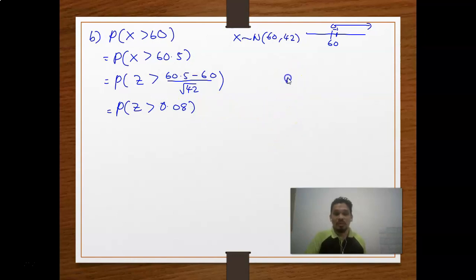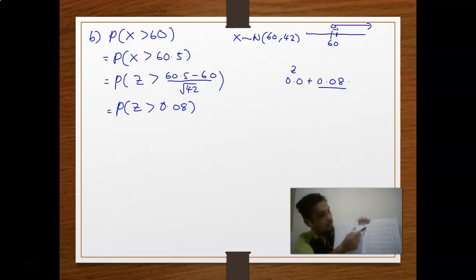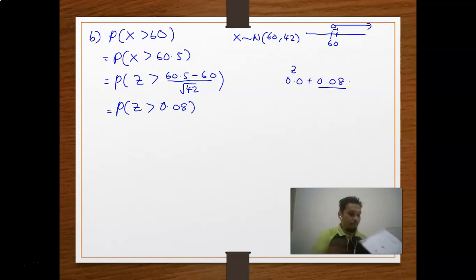Reading from this book, it is from 0.0 plus 0.08. This is the Z, and this is from the top of the table: 0.0 on the top, intersecting with 0.08. There you go. Then it is 0.4681.